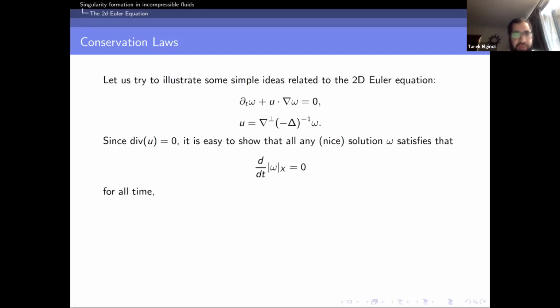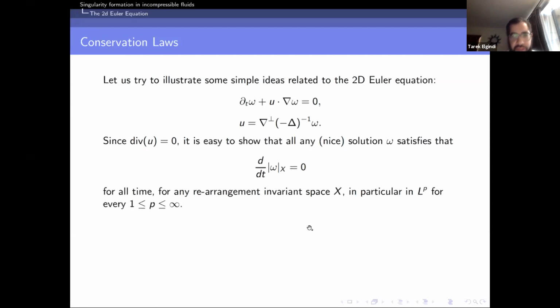If X is any rearrangement invariant space, like L^p or similar, then the X norm of omega has to be conserved for all time, as long as omega is a sufficiently nice solution.